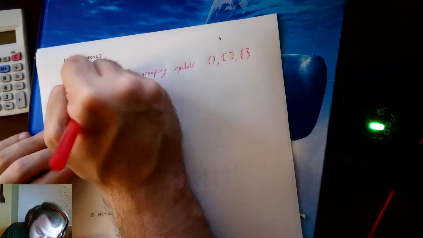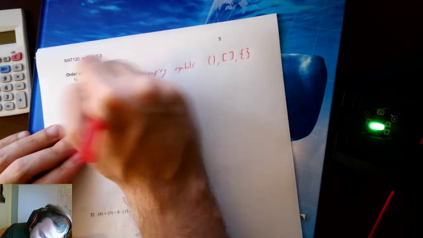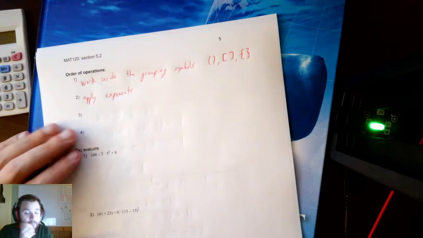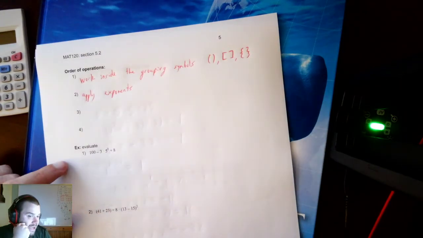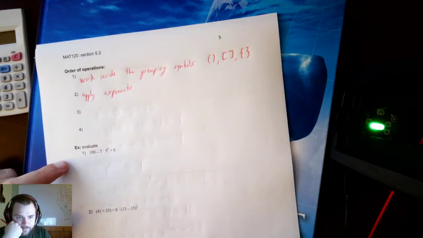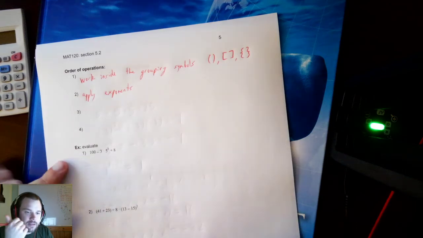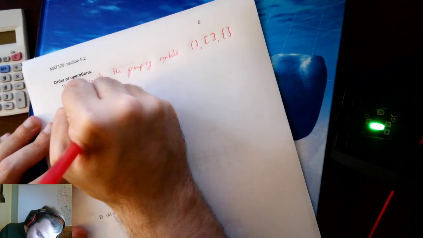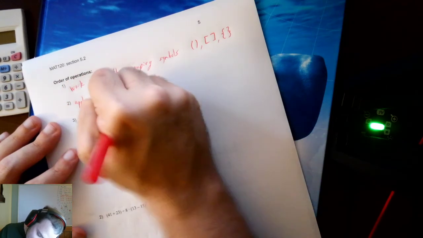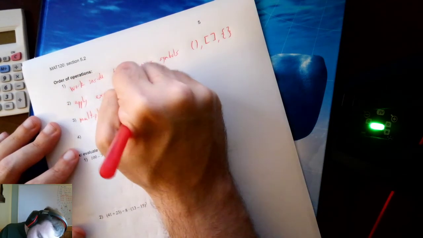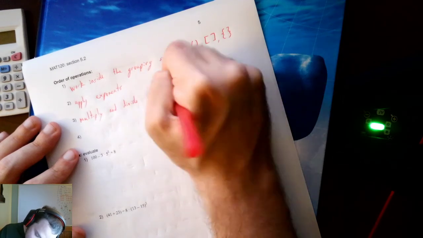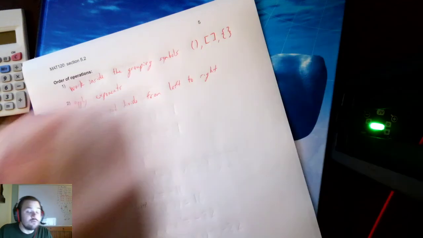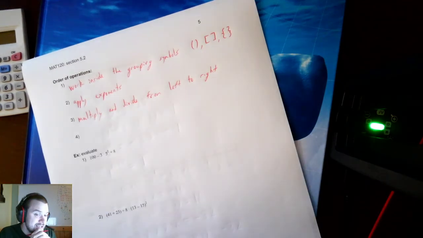Step 2 is apply exponents. Step 3, we multiply and divide from left to right. You multiply and divide at the same time.